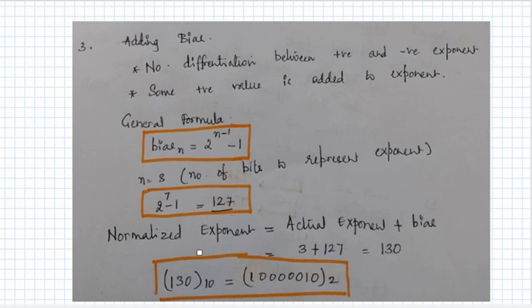So the normalized exponent is the actual exponent plus the bias. Since the actual exponent is 3 plus the bias value 127, which equals 130, I take the binary form of it and store it in the exponent. We shall shortly see how the representation looks.